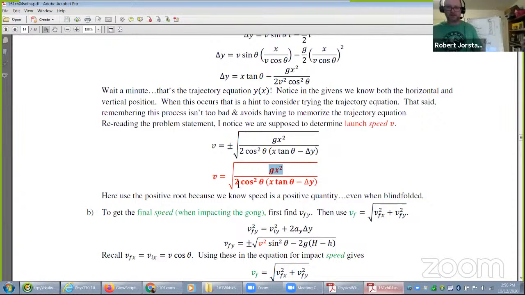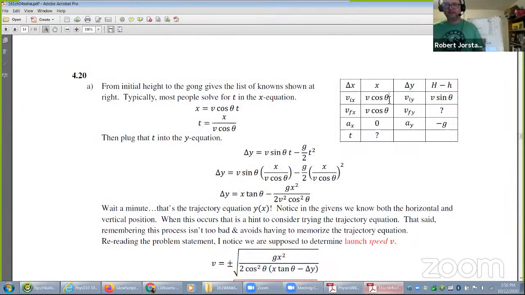This is a known. So everything in here is known according to the problem statement. Now if I scroll back up here, if theta is given, I also know this. That means I know v initial x and I know v initial y.